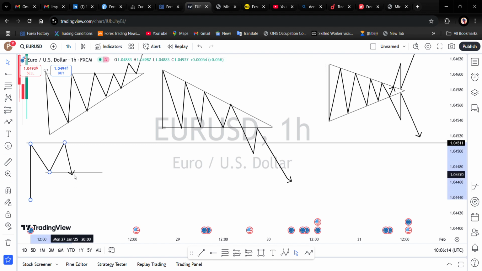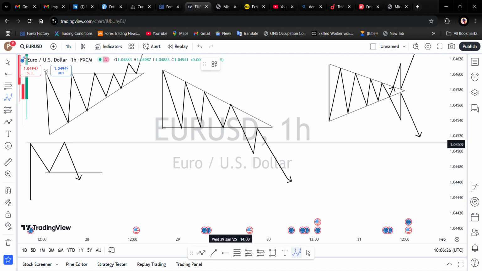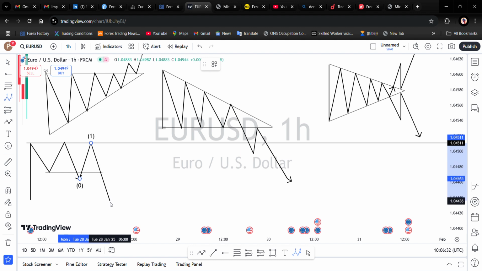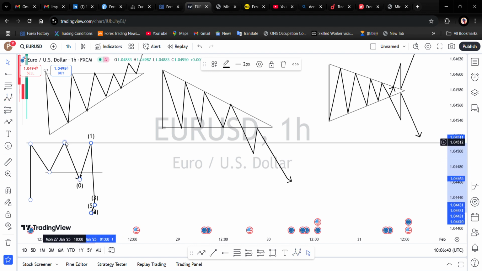An example like this: it could get here, break below, then come here, create a triple top, then sell. Now this is almost looking like a head and shoulder pattern, but no, it is not.